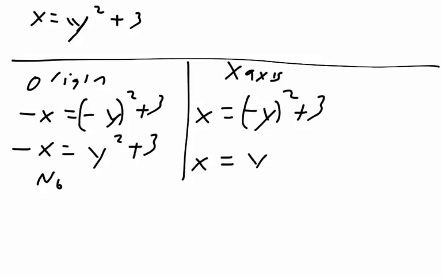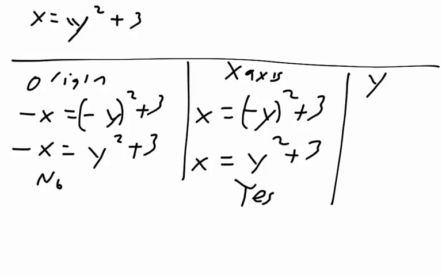When we square it, we get y squared plus 3, and the answer is yes. For the y-axis, we get negative x equals y squared plus 3. We have that extra negative, so the answer here is no.